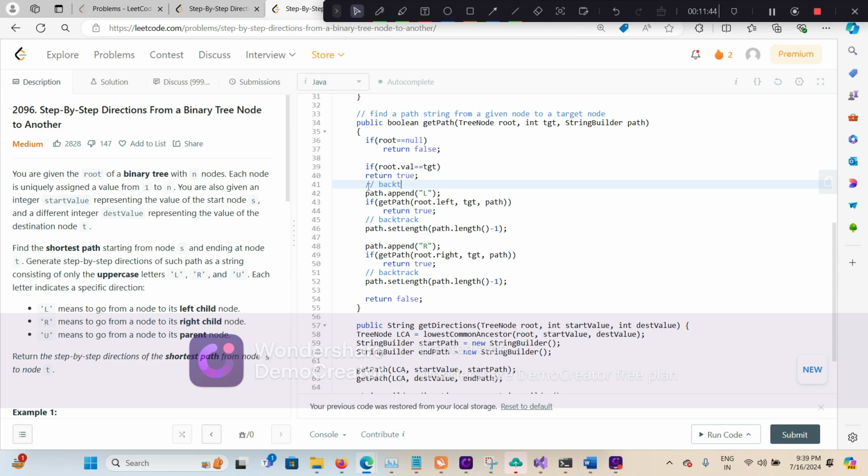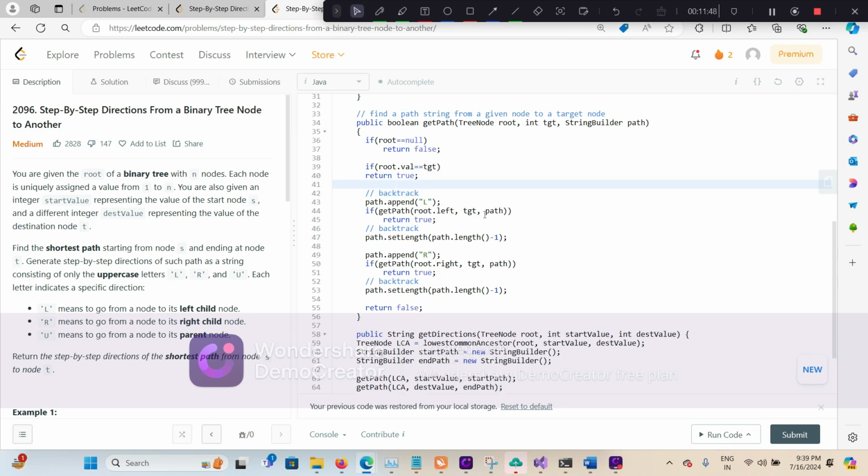Backtrack means undoing if something favorable has not happened. If it is true, we directly return. Otherwise we do the backtracking: whatever we added here, we decrease the size, so this L would be removed from the path variable.